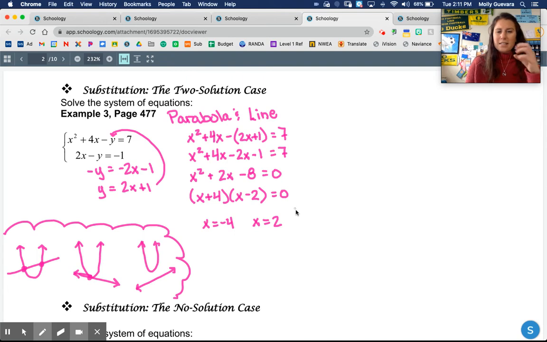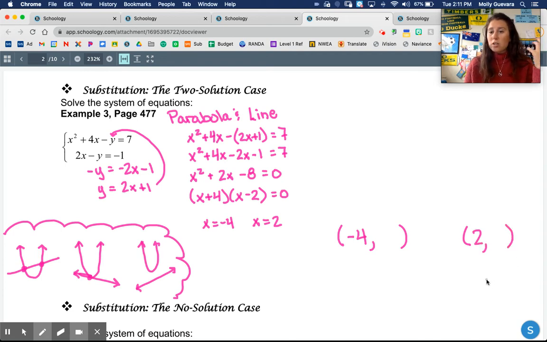So what that does is it tells me, okay, there's two solutions. One of them has an x value here at negative 4, and one of them has an x value here at 2, right? So that tells me that I'm going to have negative 4 comma something as one solution, and then 2 comma something as another solution. So let's figure out what those somethings are.